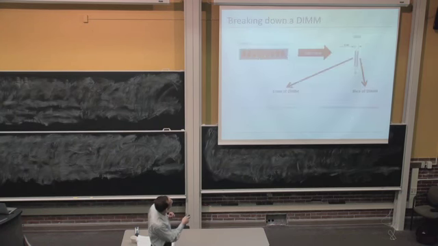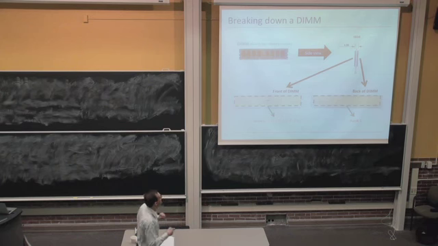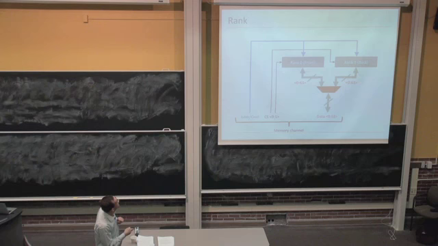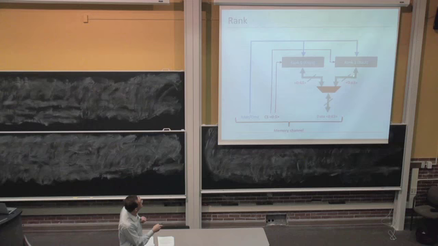If you look at a DIMM, you could actually have multiple ranks. If you look at the front and the back, you could have different ranks in the DIMM. So this is one with 2 ranks, rank 0 and rank 1. As I told you, each rank is a collection of chips that act together, that are controlled together. And let's break that down.